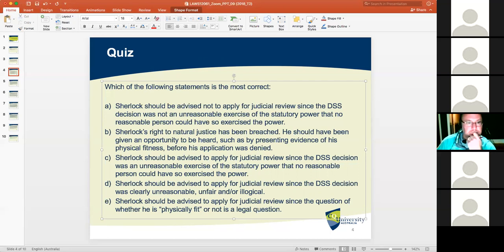What you need to remember is that in the actual quiz, the questions are shuffled. So we will not be following the same order in the actual quiz in Moodle. But for our purpose, please provide an answer in the chat box. Again, this is just a practice, for me to get a gauge of your level of understanding about the concept of Wednesbury unreasonableness.